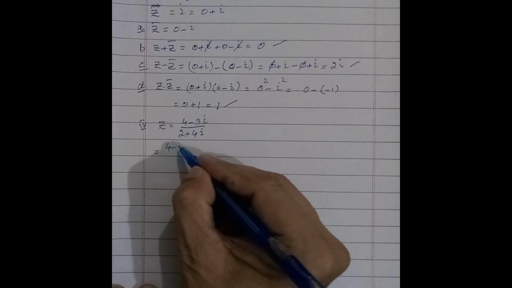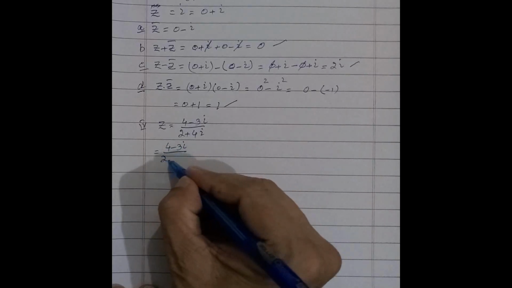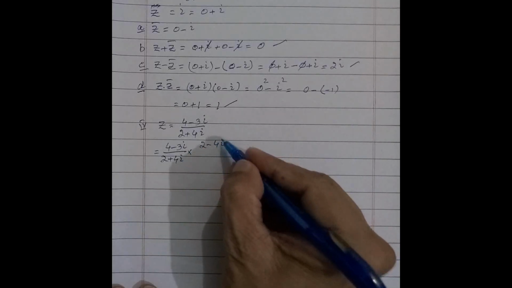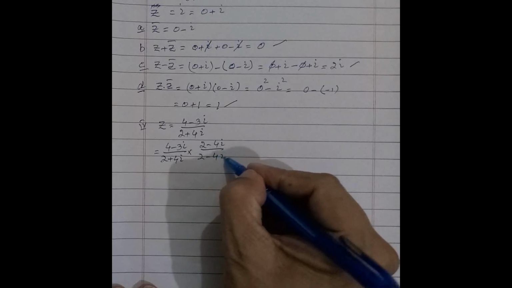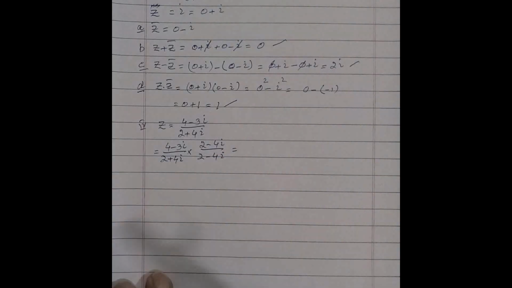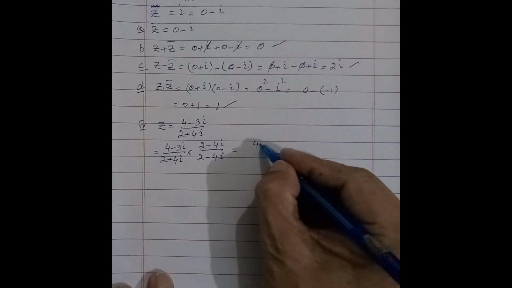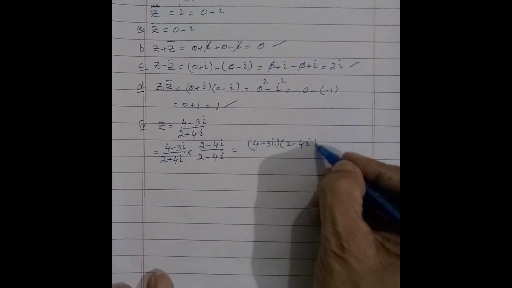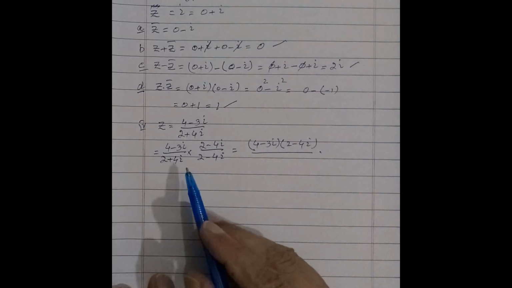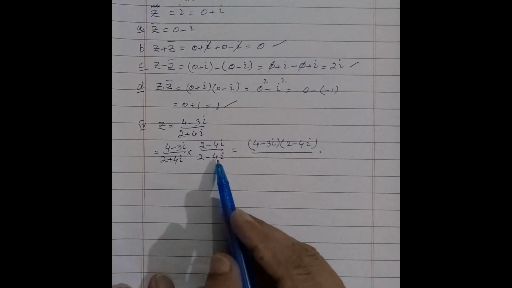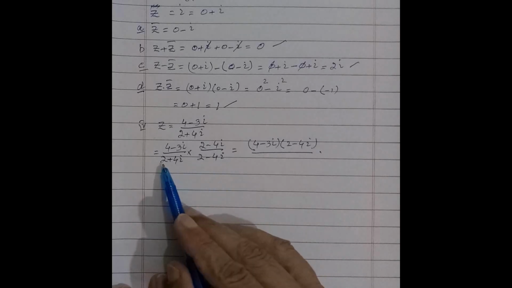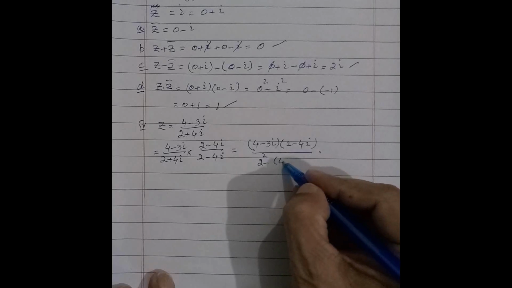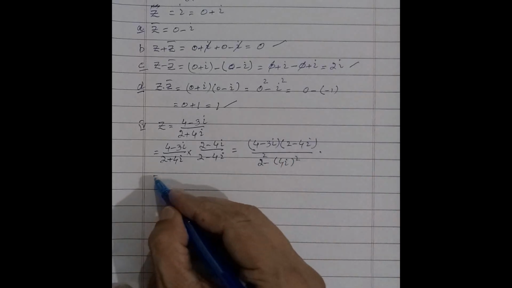The process is: 4 minus 3 iota over 2 plus 4 iota, multiplied by 2 minus 4 iota over 2 minus 4 iota. Multiplying these values, we have 4 minus 3 iota into 2 minus 4 iota, and over this is (a plus b) into (a minus b). The answer is a square minus b square. So 2 square minus 4 iota whole square.